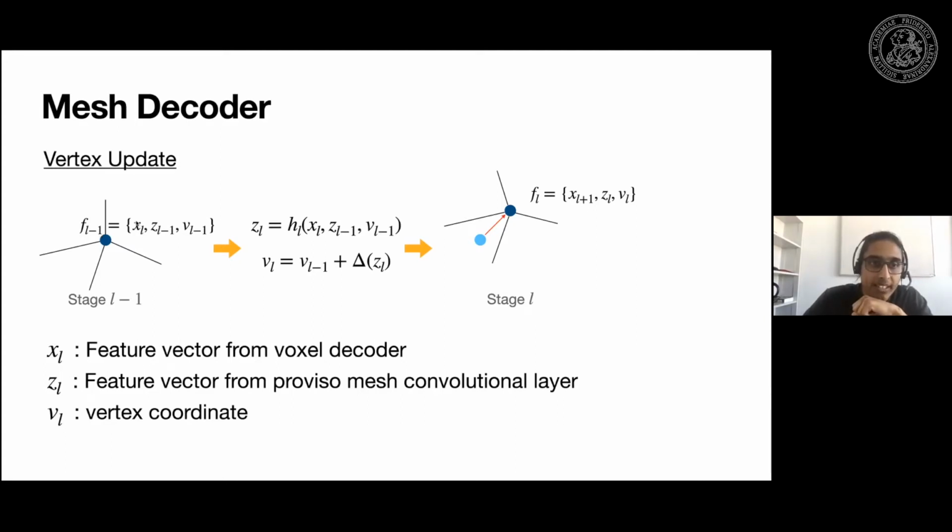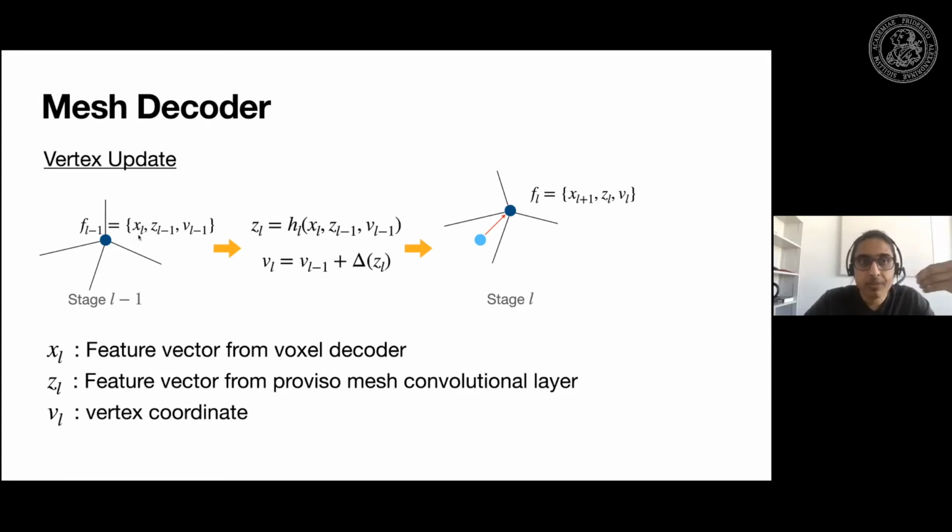Then we have XL. This XL is the feature extracted from the voxel decoder, corresponding to this specific vertex. How it corresponds, I will explain later when we discuss the sampling operation. But for the moment, let's say this XL is the feature that we extracted from the voxel decoder.